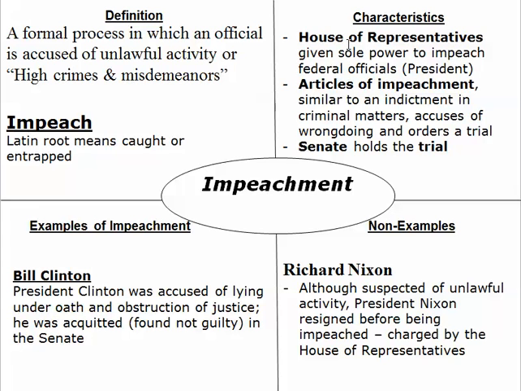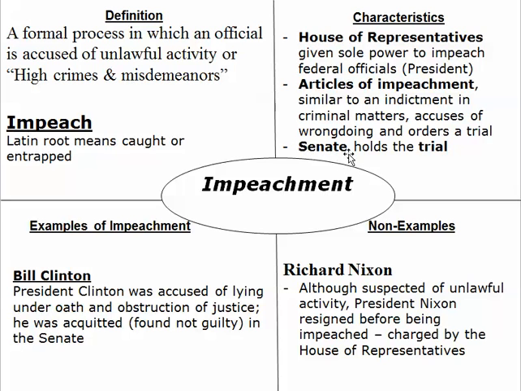So the impeachment proceedings must first originate in the House, and then they will issue an article or articles, more than one, of impeachment, which are much like indictments in a criminal trial, accusing the federal official or the President of the United States of wrongdoing, of criminal activity or high crimes and misdemeanors. And then this impeachment will order a trial. According to the Constitution, the trial where the president or other federal official will be tried, found guilty or not guilty, will be in the Senate.